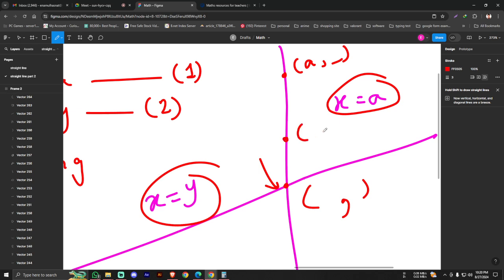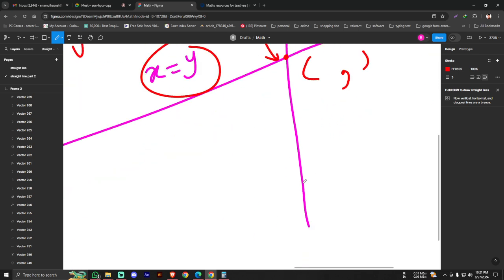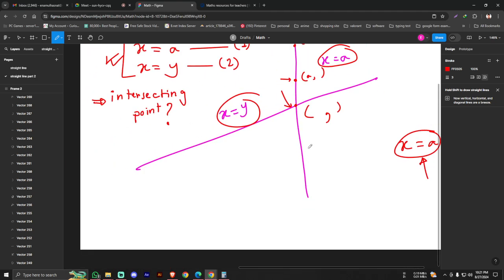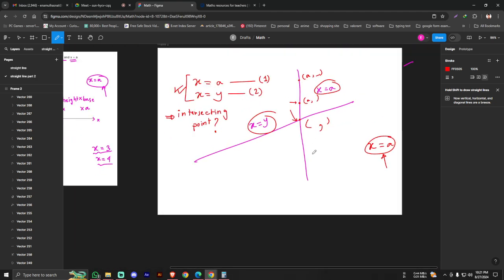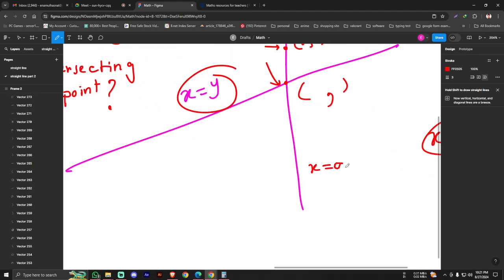Even if we take this point right here, this point down here, what is the value of x? It will be a. The y doesn't matter right now. Any point you take on this line, because this line represents the equation x is equal to a, always x will be a.